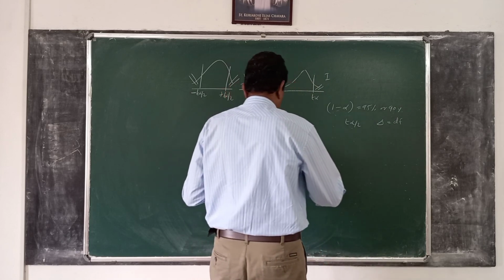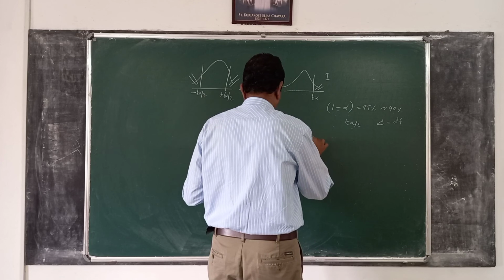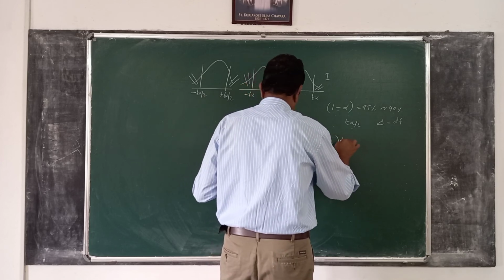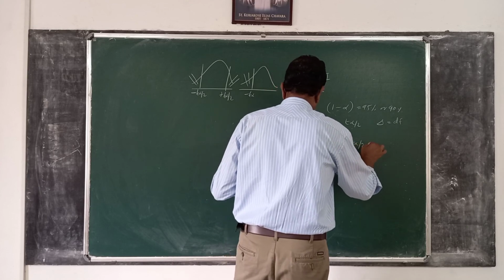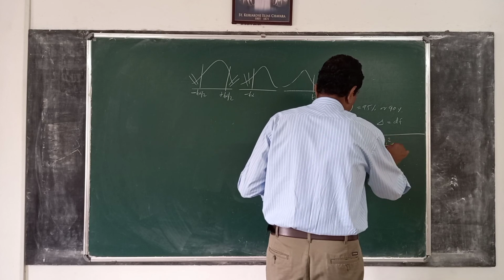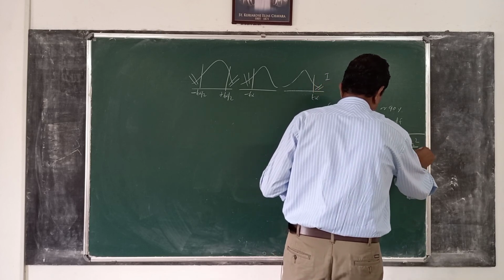Then the confidence interval for a given level of significance is x bar 1 minus x bar 2 plus or minus t alpha by 2 root of S1 square by n1 plus S2 square by n2.